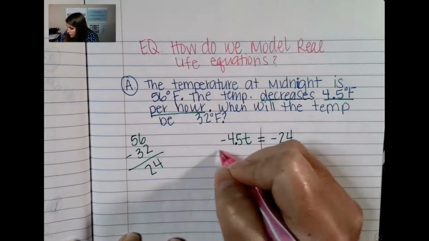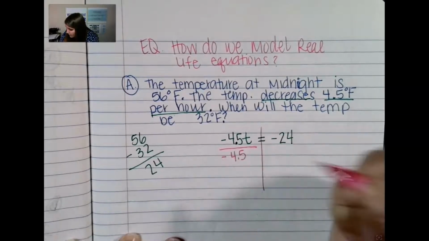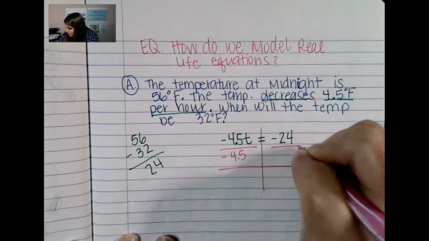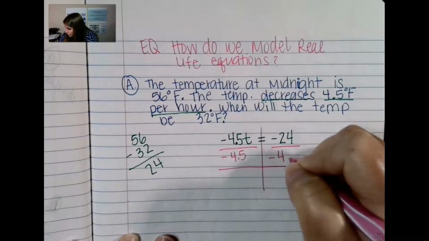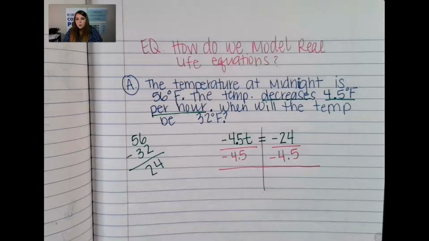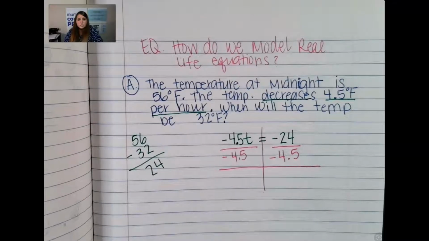All right, so over here I'm going to divide by negative 4.5. And on this side, I'm going to divide by negative 4.5. You can divide into a fraction if you want. If fractions are easier for you to do division with, we can do keep, change, flip.